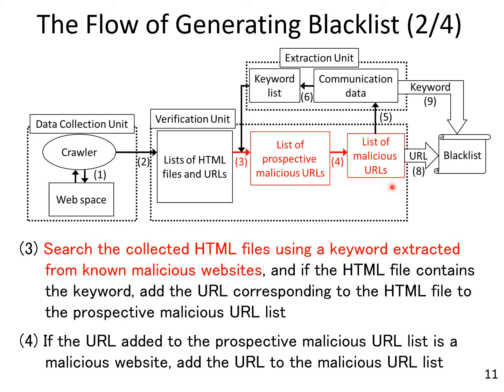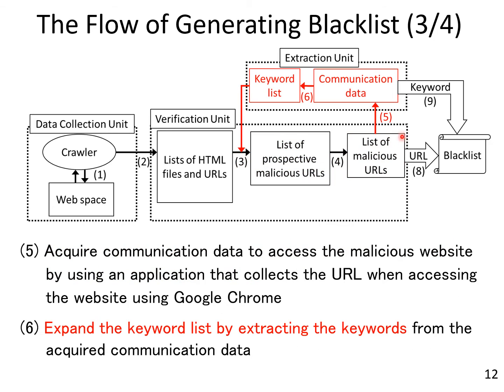If the URL added to the prospective malicious URL list is a malicious website, add the URL to the malicious URL list. Next, acquire communication data to access the malicious website by using an application that collects the URL when accessing the website using Google Chrome.